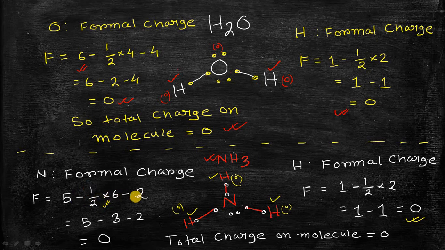This is the second part, and for the third part you can see that it contains 2 unshared electrons. So we have to fully assign these 2 electrons, so minus 2. The final formal charge is 5 minus 3 minus 2, that is equal to 0. So the central nitrogen atom also contains 0 formal charge, and the total charge on the molecule will also be 0. So this is another example.